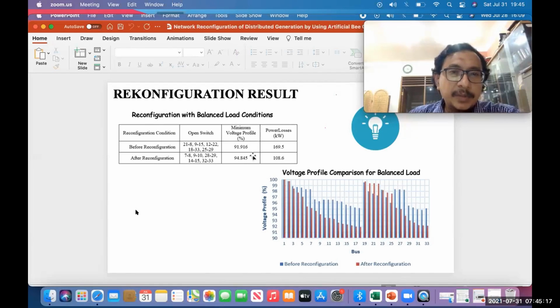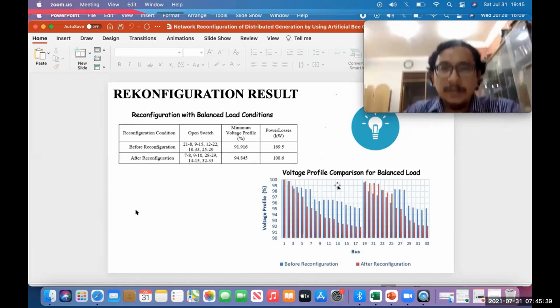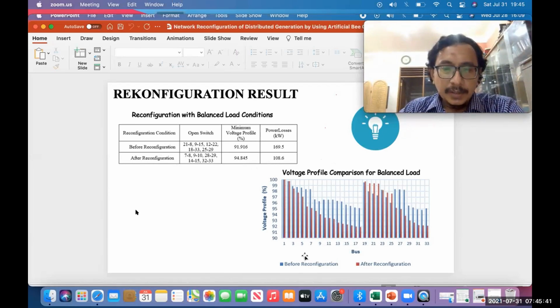For power loss, after reconfiguration it has decreased to 108.6 kilowatts.